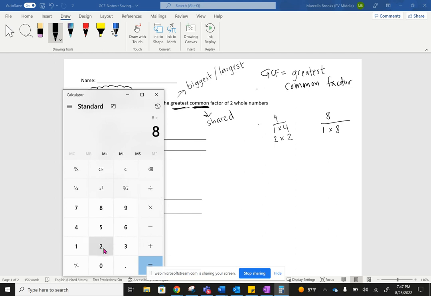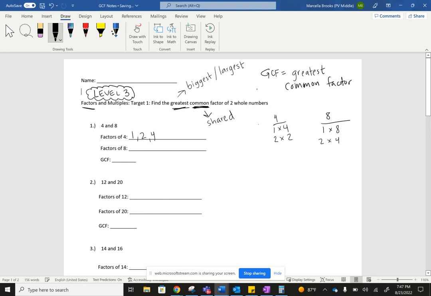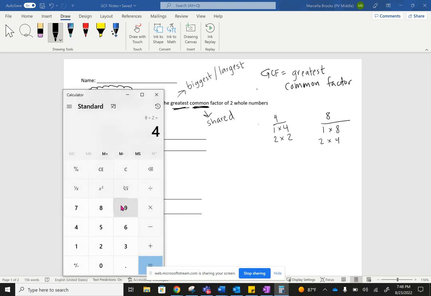8 divided by 2, that's 4. So it's 2 times 4, that makes 8. And let's try 3. 8 divided by 3, that's a decimal. 8 divided by 4, that's 2.